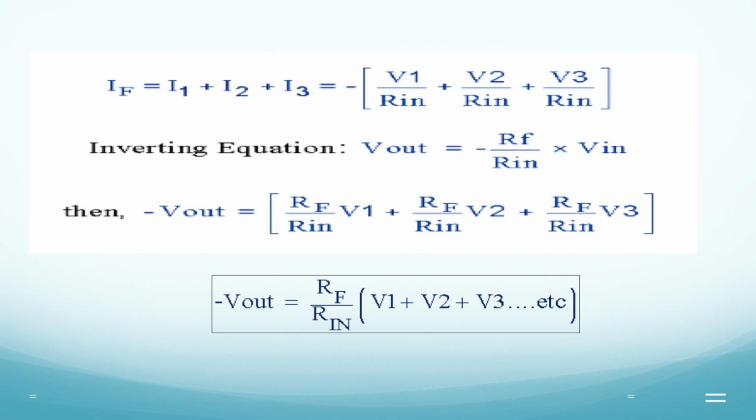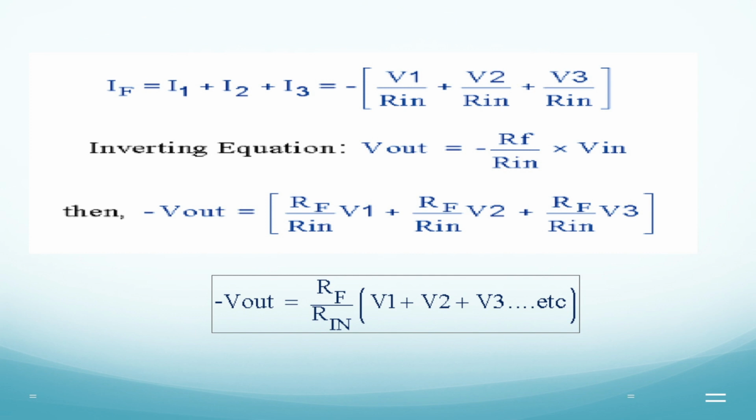Substituting all into the equation, you can see that If is equal to minus the sum of all the values you have noted down. Now what will your Vout be equal to? Since we have already noted that Vout is the gain times the inputs you have provided, what is the gain of your inverting amplifier?